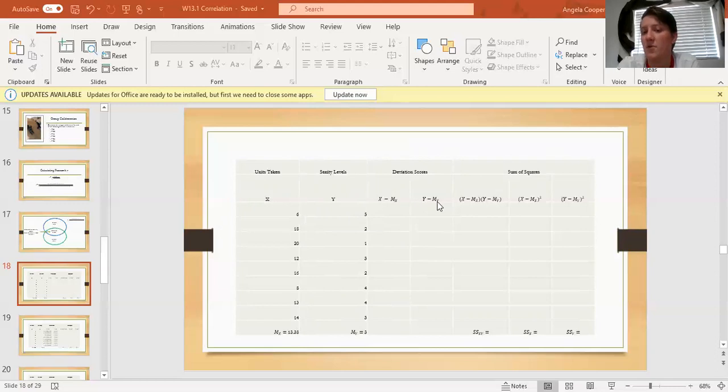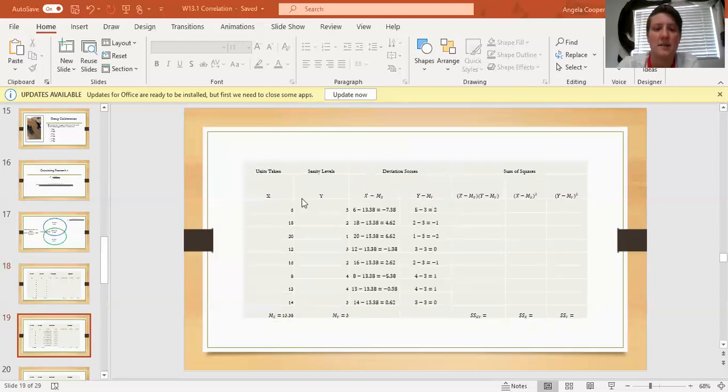So to show you, each individual score of X, 6 minus the mean of X, which was calculated here at 13.38, then 18 minus 13.38, 20 minus 13.38, and down the line.